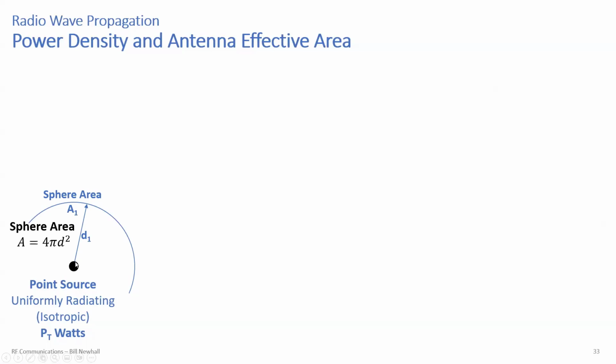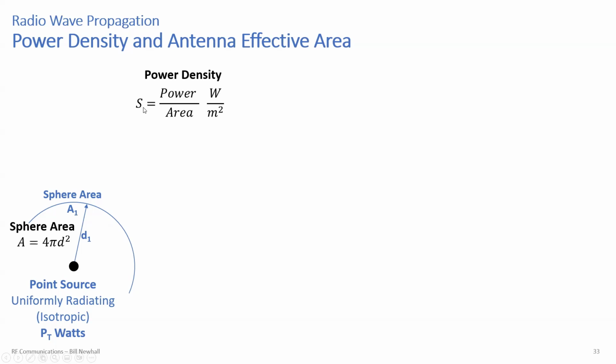That's just the area of that sphere at distance d1. So if you have PT watts radiated uniformly and all that energy is going through that sphere, and that point source is centered in that sphere, you can calculate a power density going through that sphere at that distance d1.